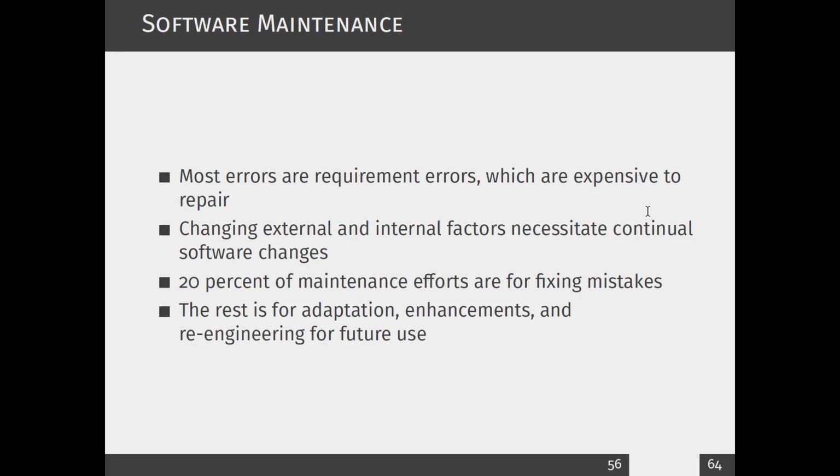And also you need to handle external and internal factors. It is reported that usually about 20% of maintenance is fixing mistakes, and the remaining is adaptation, enhancement, and reengineering for future use.